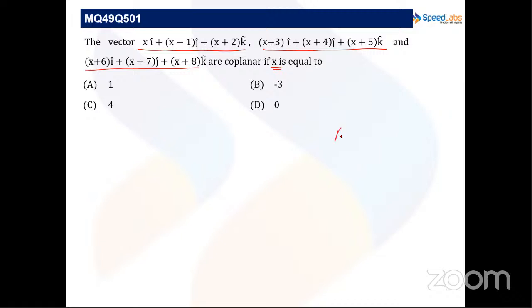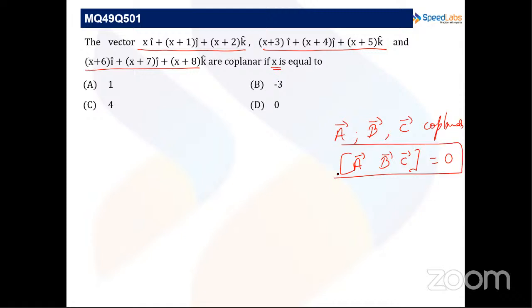We know that if the vectors a, b, c are coplanar, then the scalar triple product will be equal to 0.